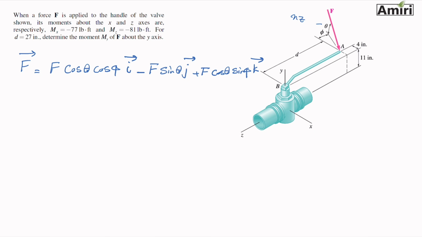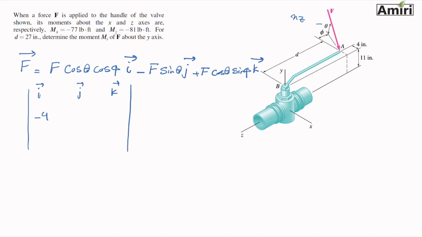So again, if you're confused on this part, make sure to watch my lecture video plus examples that I've done on components of a vector when it's located like this. So let's put everything back in the matrix again.